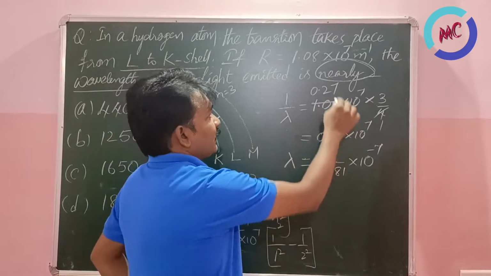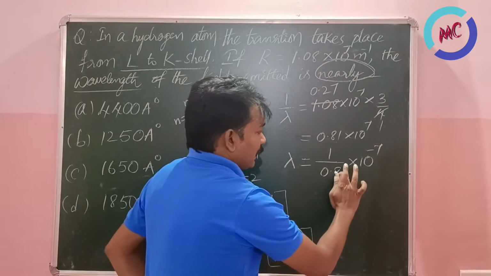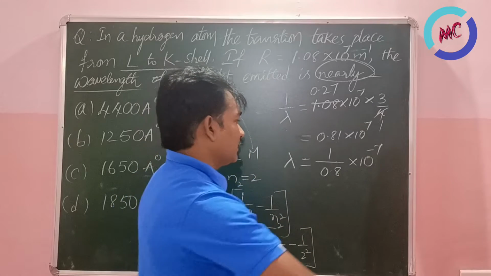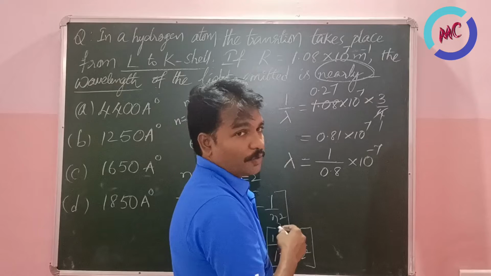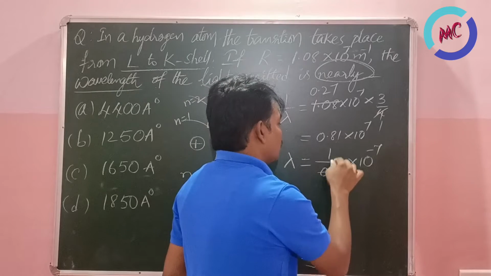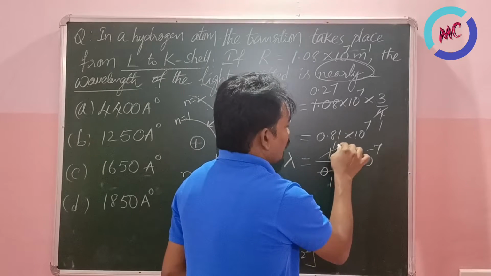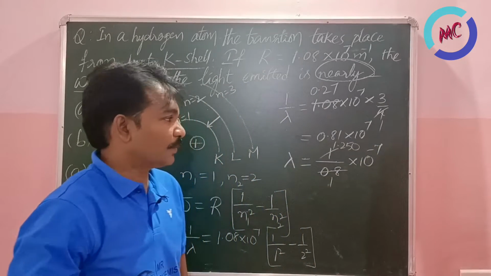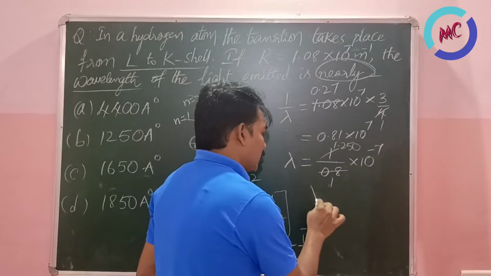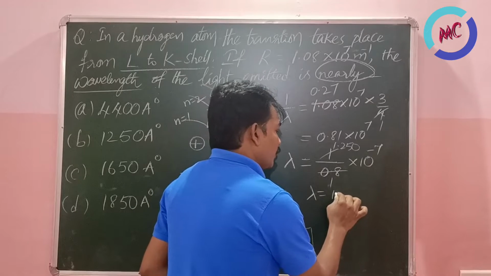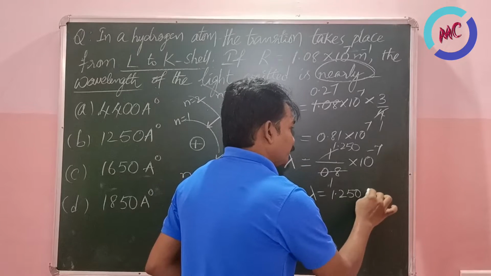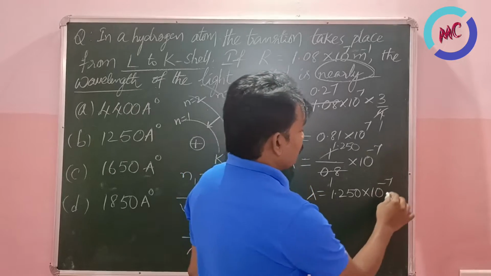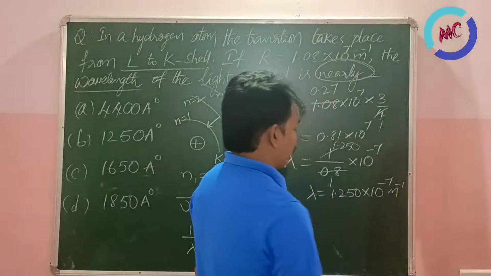See here, they are asking nearest value, that's why I am taking it as 0.8. If we simplify 1 by 0.8 we will get 1.250. Therefore lambda is equal to 1.250 into 10 to the power of minus 7 per meter.